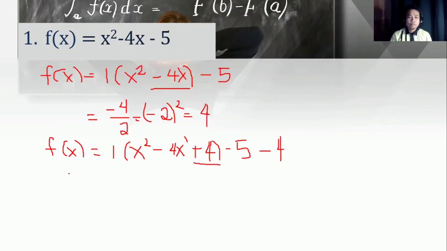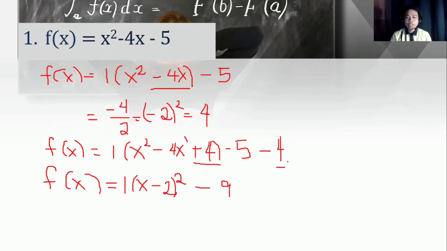Then solve. Then we have to complete the square. x squared minus 4x plus 4. So the answer is 1 times x, kalahati ng negative 4, we have negative 2. Then square. Negative 5 minus 4, the answer is negative 9. So from the subtrahend 4, it becomes negative 4. Proceed tayo sa addition.